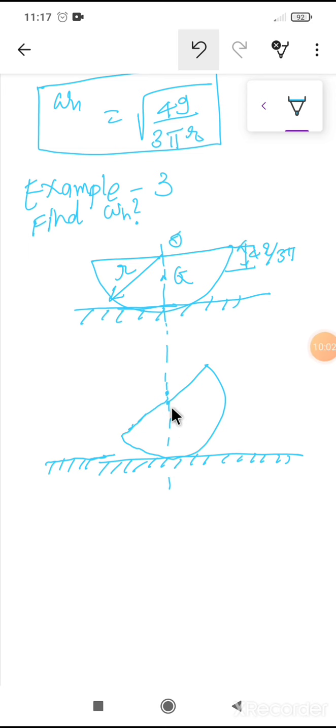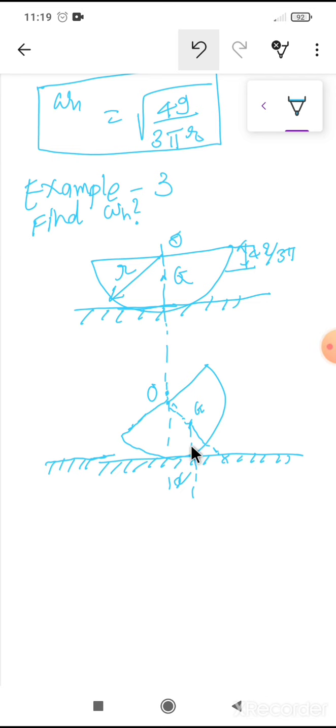So let's draw the oscillating diagram. So similarly here, the center of gravity is G, the center of oscillation is O, and the distance between the center of oscillation and the center of gravity, suppose we are taking it as x. So here similarly we will use Newton's equations.